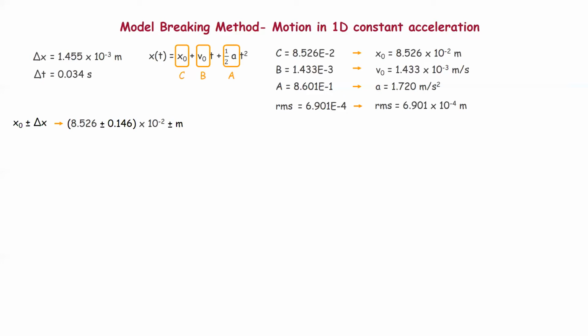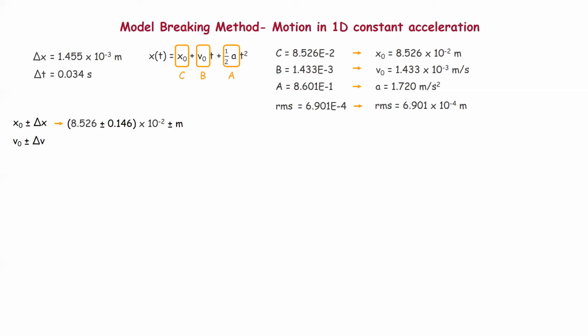Next, I will continue to determine the errors in these parameters. We have already done the position. The tracker calculated the initial velocity value, but what about its error? V0 plus or minus delta V. What's delta V in this result?